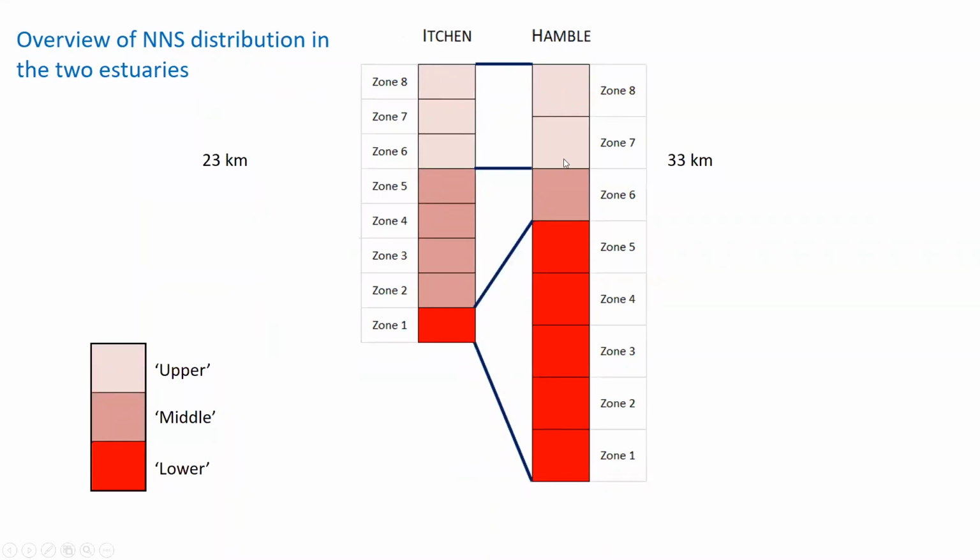And so what explains this, or appears to explain this, is if we consider the amount of freshwater flow in the two rivers and compare that. So this is showing the average winter freshwater flow. In the Itchen, it's coming up to 12 cubic meters per second, but an order of magnitude lower in the Hamble, so much less freshwater flow in the Hamble, 1.3 cubic meters per second on average in the winter.